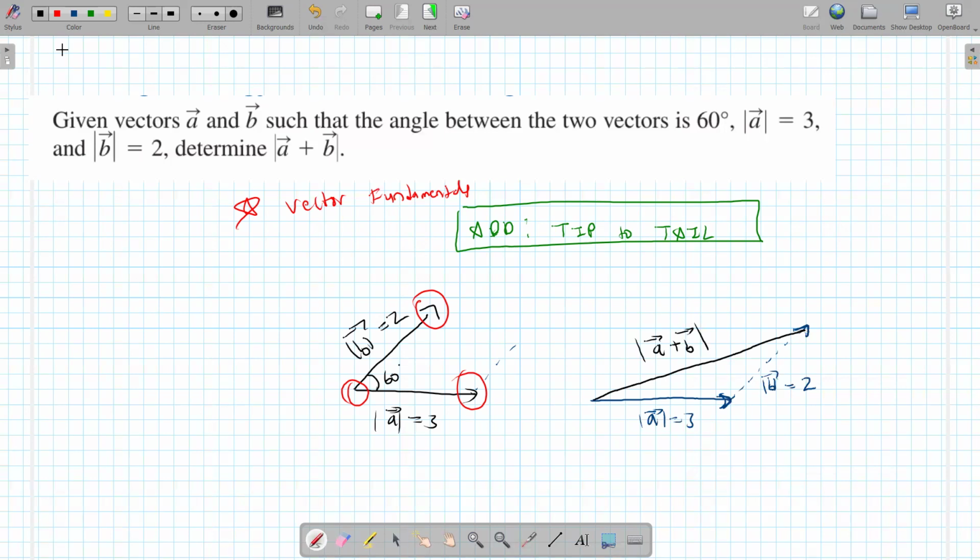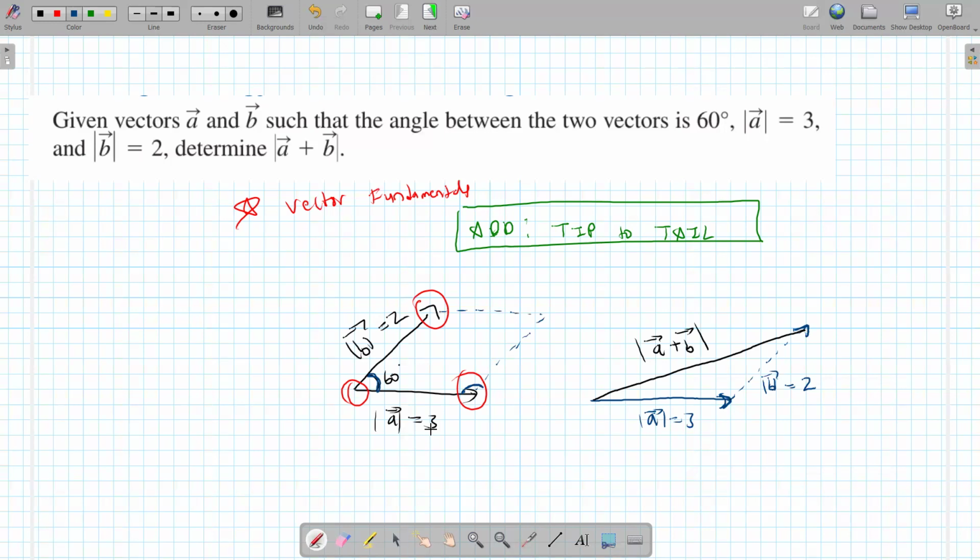Now think about this in terms of a parallelogram. The angles in a parallelogram are supplementary, meaning they add up to 180, and overall they add up to 360. So if this is 60, what is this angle here?